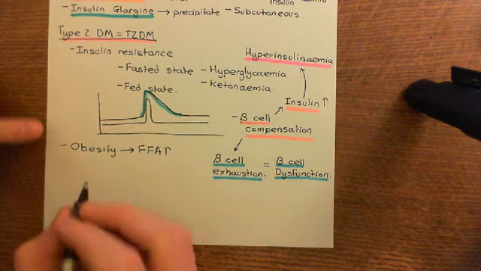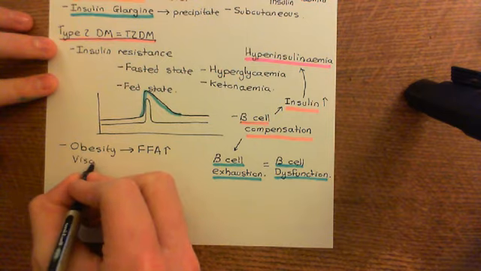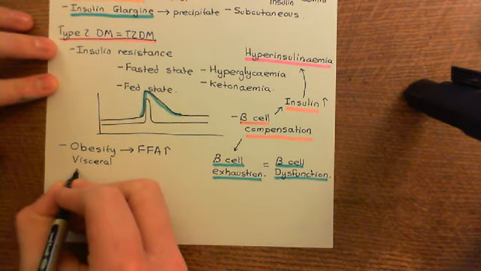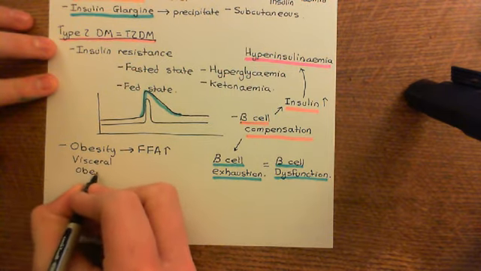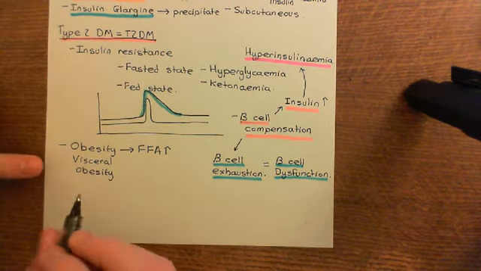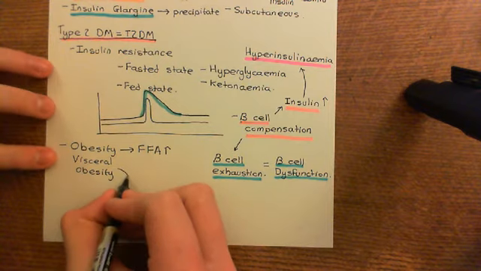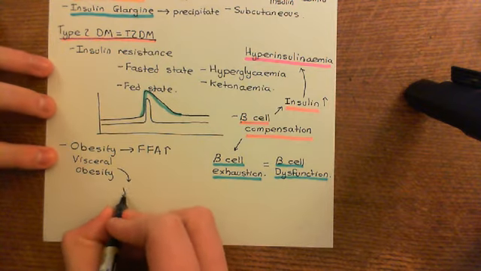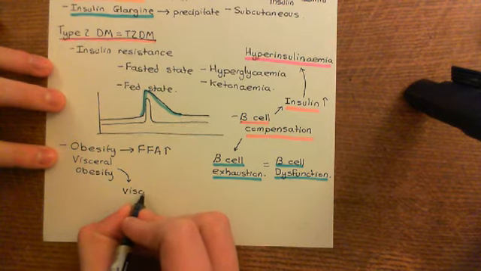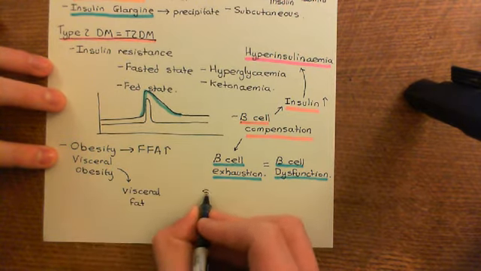Now, particularly visceral obesity is considered a risk factor for type 2 diabetes over subcutaneous fat. Let me just explain what visceral obesity means. Visceral obesity means that your fat is mainly stored as what's known as visceral fat, as opposed to what's called subcutaneous fat.